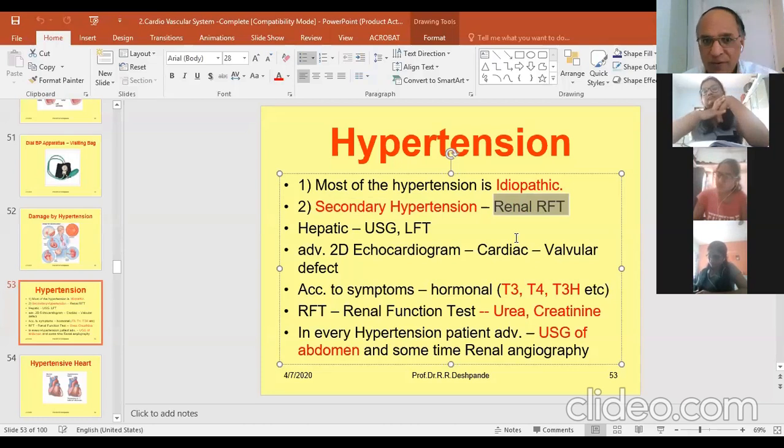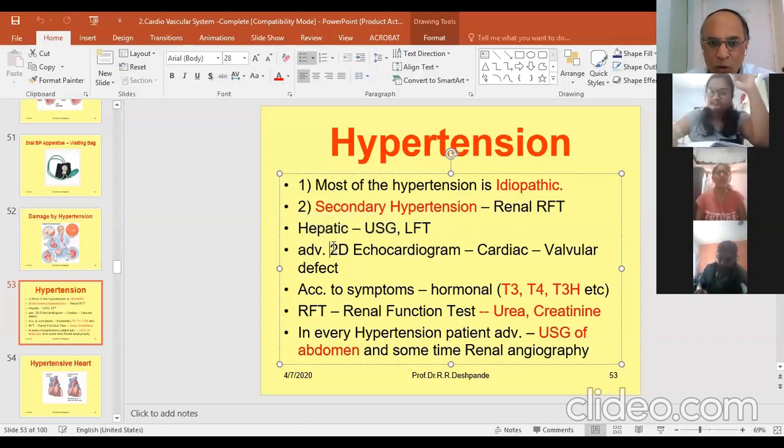Remember my word, angiography. Then there may be a cause in the liver. So you must do the sonography to see whether there is cirrhosis, portal hypertension, and you have to do the liver function test. Like we already discussed, albumin, SGOT, SGPT, alkaline phosphatase, all these things.